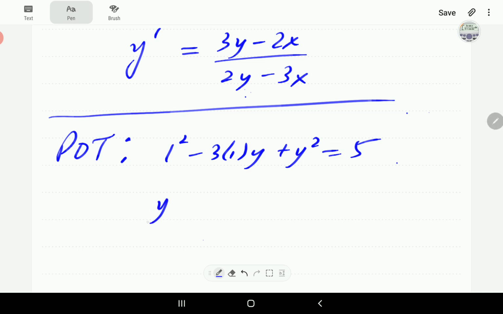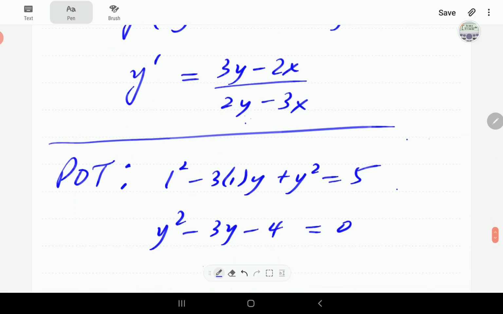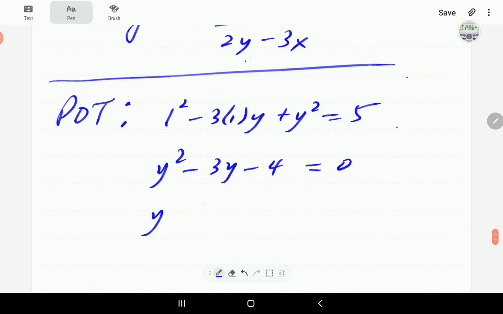So this is y squared minus 3y minus 4 equals 0. That's actually a quadratic, which we can factorize.